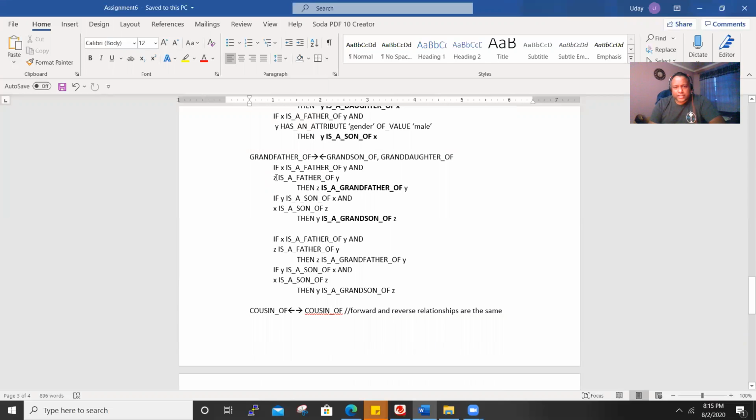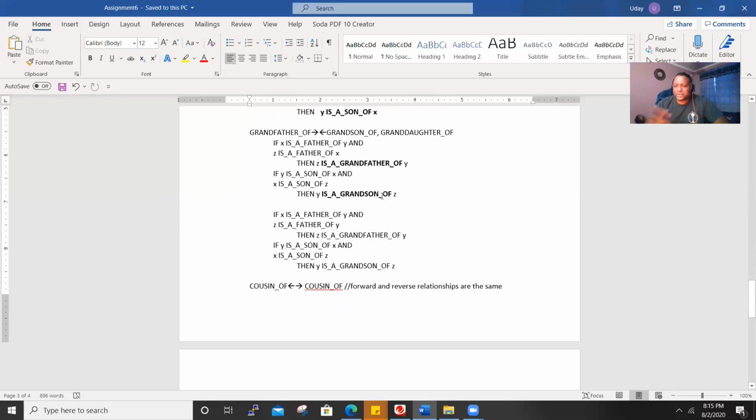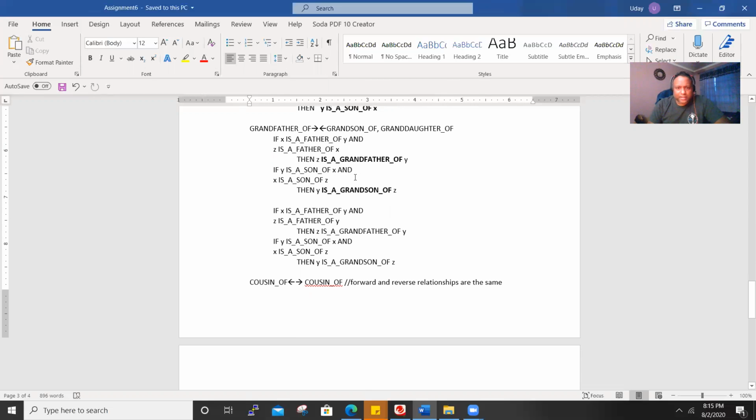Now grandfather is interesting. If X is a father of Y and Z is a father of X, then Z is a grandfather of Y. So we're bringing in double relationships: Y is a son of X, and X is a son of Z, and Y is a grandson of Z. Yes, that's correct.